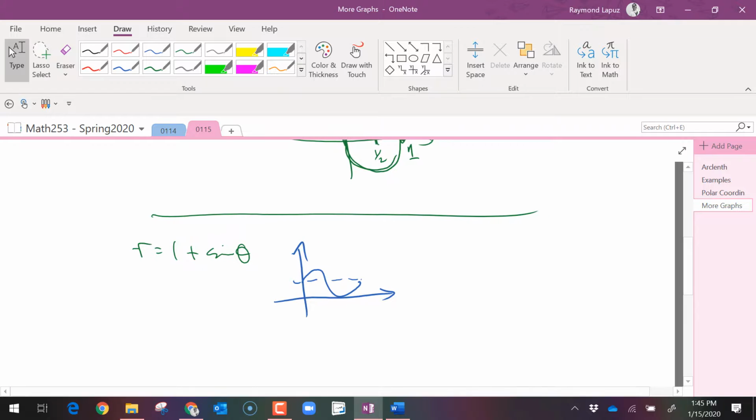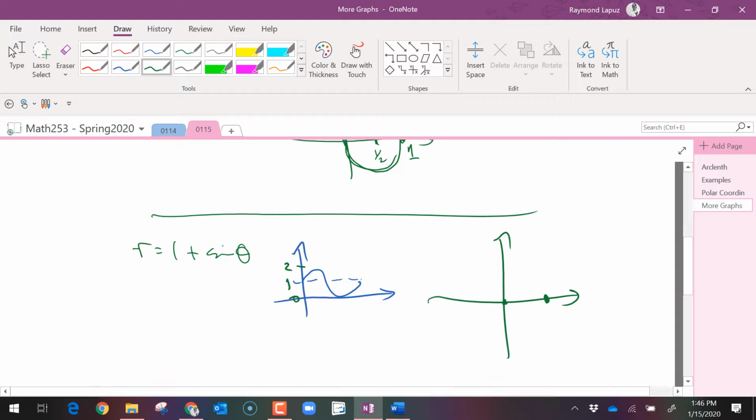Let's imagine how this is going to look. So when theta is equal to 0, we start at 1. This is 1, max height at 2, and then 0. So it starts at 1. And then what happens? It gets bigger, right?